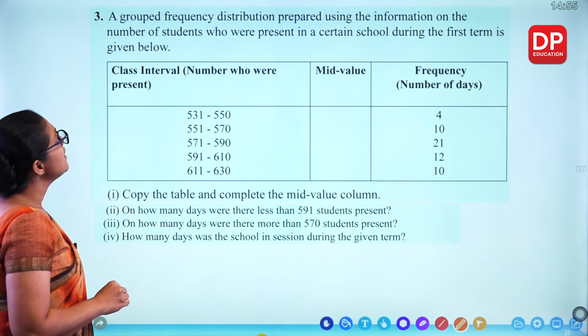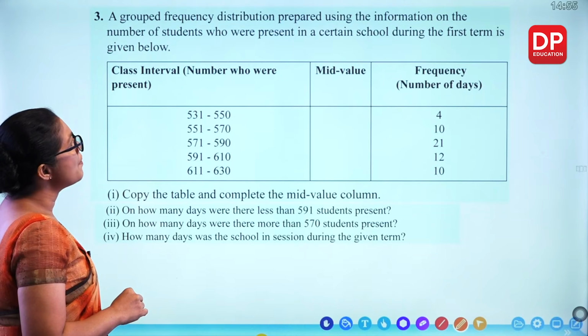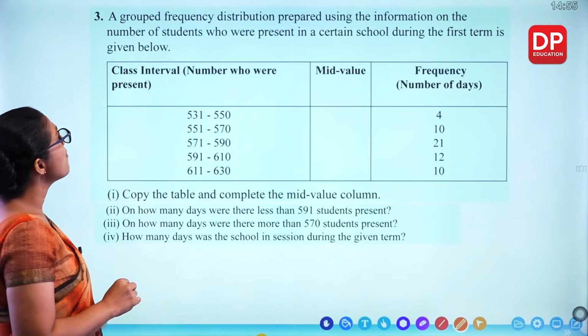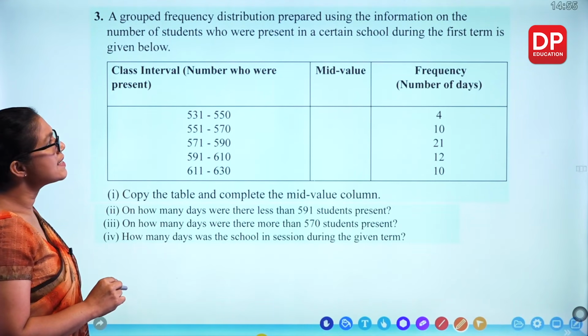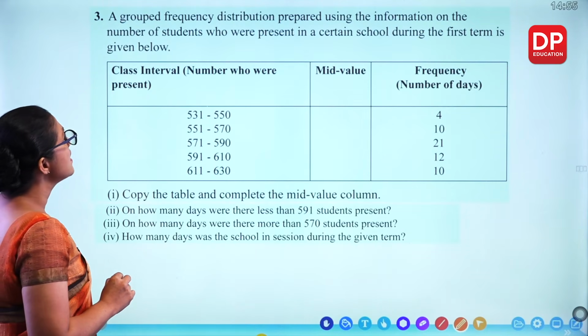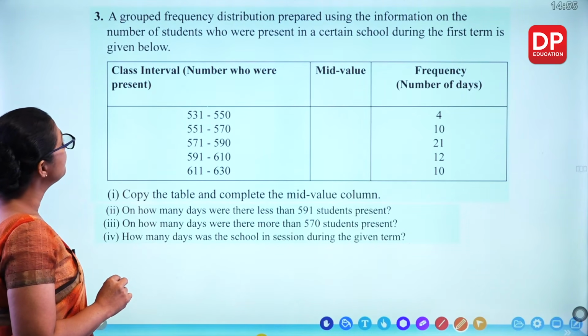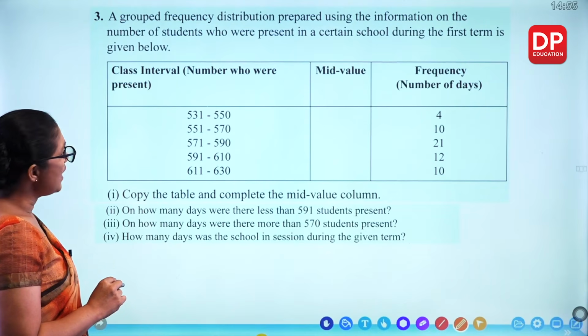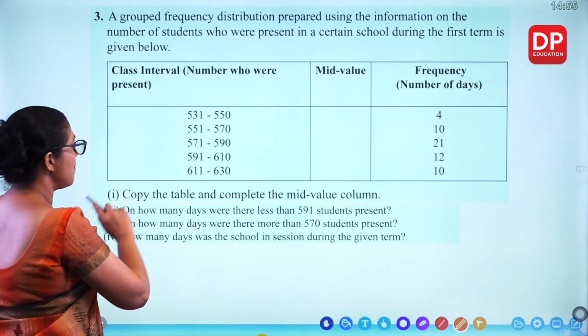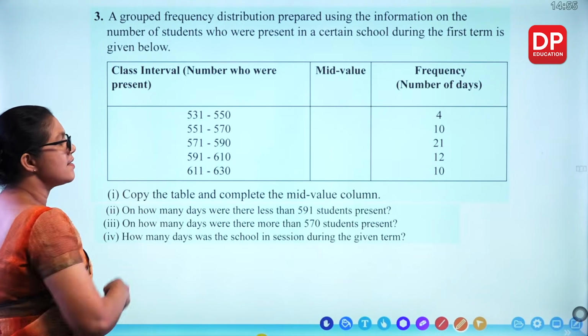Question number 3. A group frequency distribution prepared using the information on the number of students who were present in a certain school during the first term is given below. Find the midpoint. So copy and complete and answer these questions.